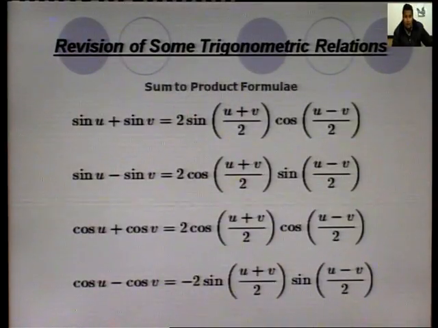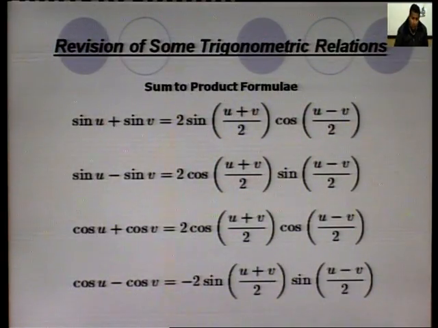Other formulas are sum to product formulas, and then we do the product to sum formulas also, like sin u plus sin v is equal to 2 sin u plus v by 2 cos u minus v by 2. Similarly, sin u minus sin v is equal to 2 cos u plus v by 2 into sine of u minus v by 2.